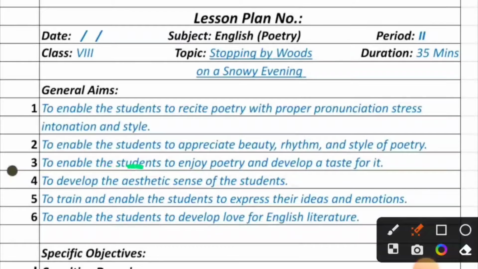To enable the students to enjoy poetry and develop a taste for it. 4. To develop the aesthetic sense of the students. 5. To train and enable the students to express their ideas and emotions. 6. To enable the students to develop love for English literature.